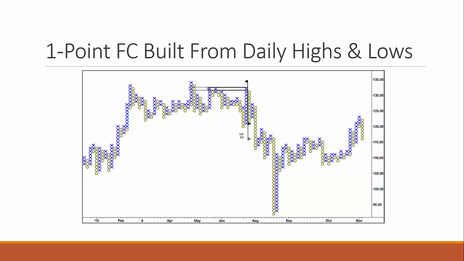So it's still a 1-point figure chart, just like the one built from the 60-minute data. It's just using daily data. But note the projections are not as accurate as on the 60-minute chart.